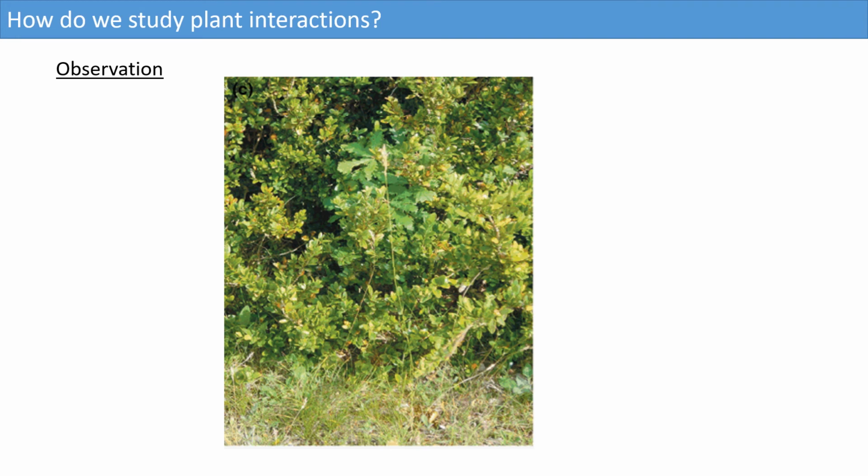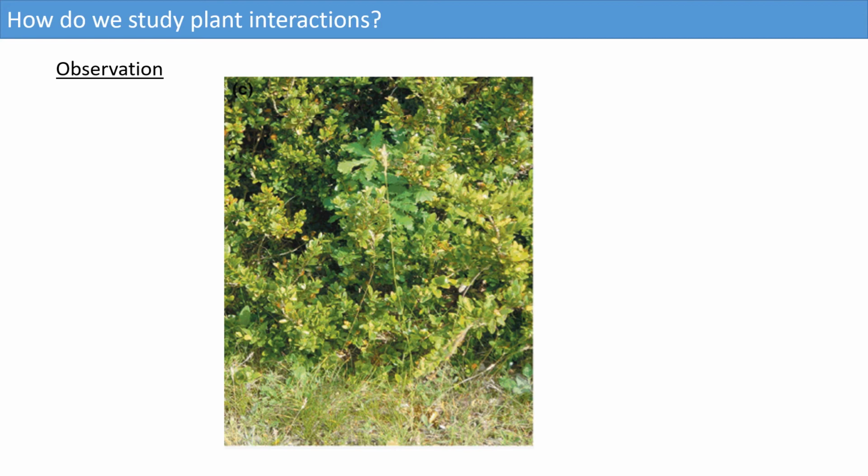And sometimes interactions are quite difficult to observe. Like in this photo, there is an example of an interaction going on, but can you see it? I'll just give you a second to look at it and maybe think about it. But here it is. In the middle of this bush, okay, the shrub's name, I don't know it, but what I just showed you is an oak sapling.